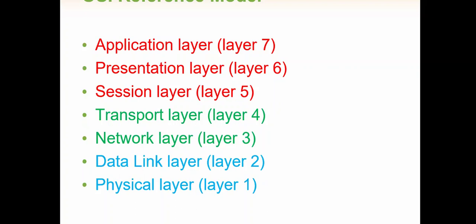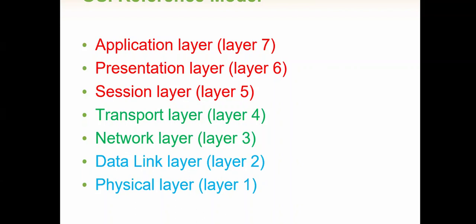The 3 categories are coming because they perform 3 functions. We have the upper layer, which is red. The middle layers, that's the green. And the bottom layers, that is the blue.